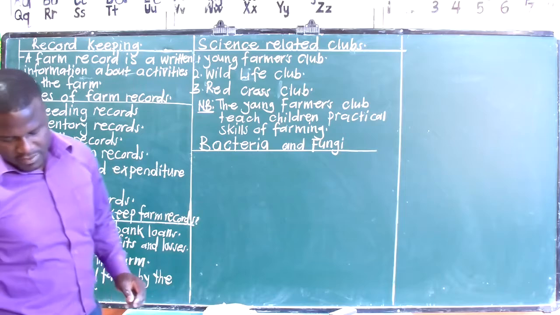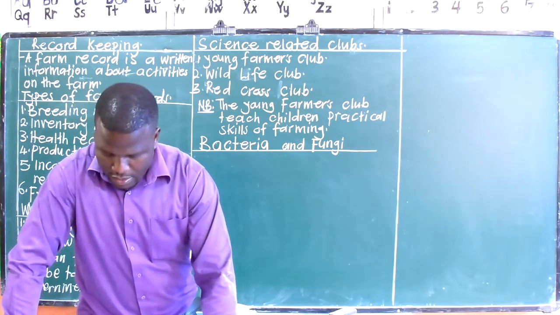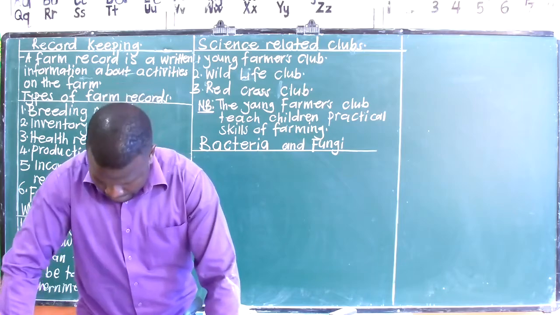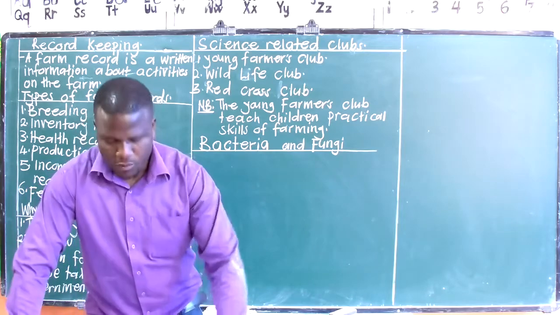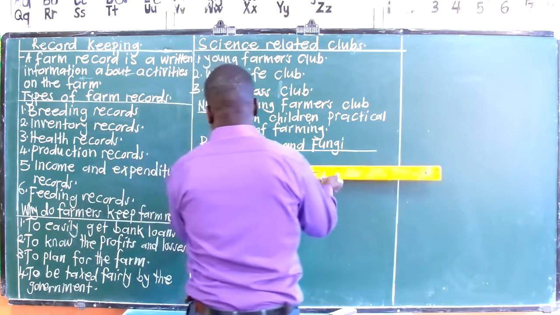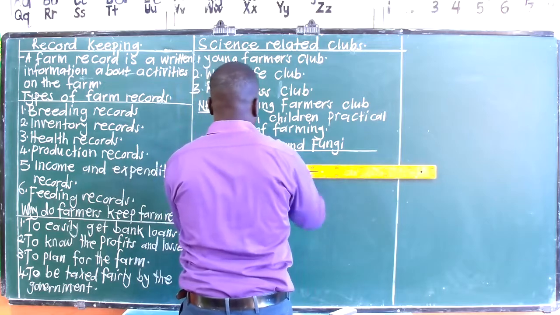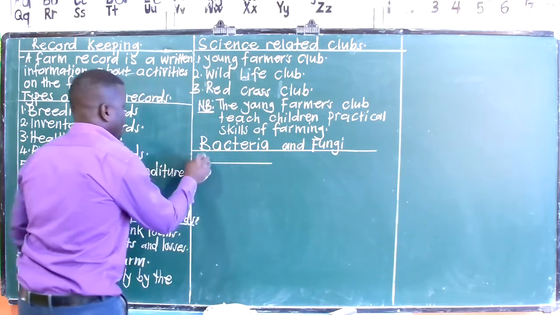So we begin with bacteria. Bacteria are microscopic organisms that are almost everywhere.